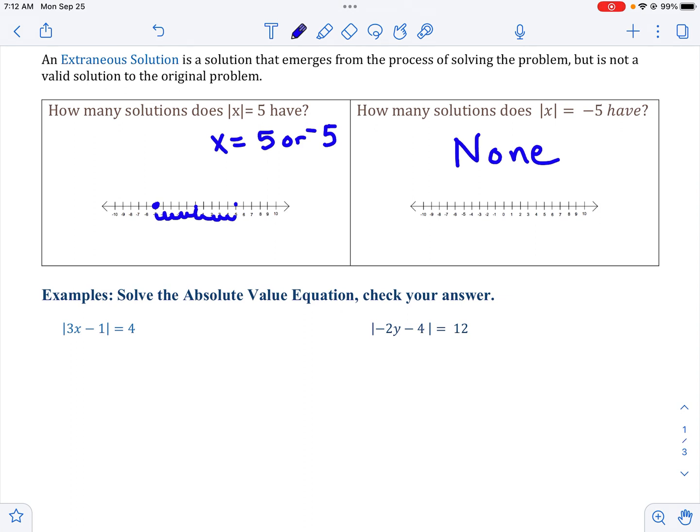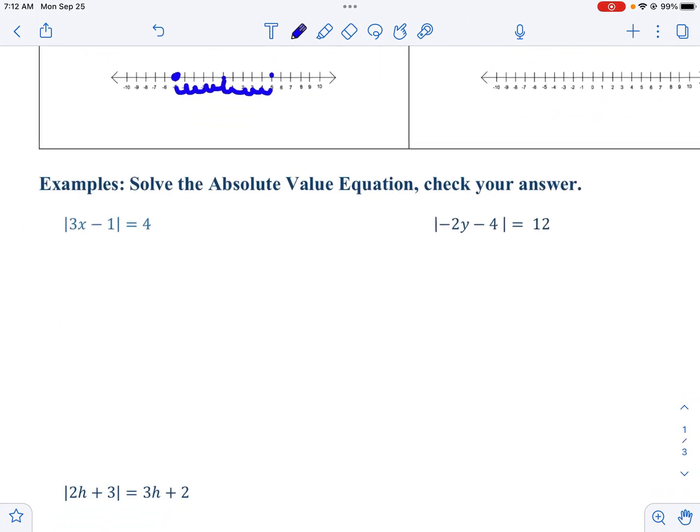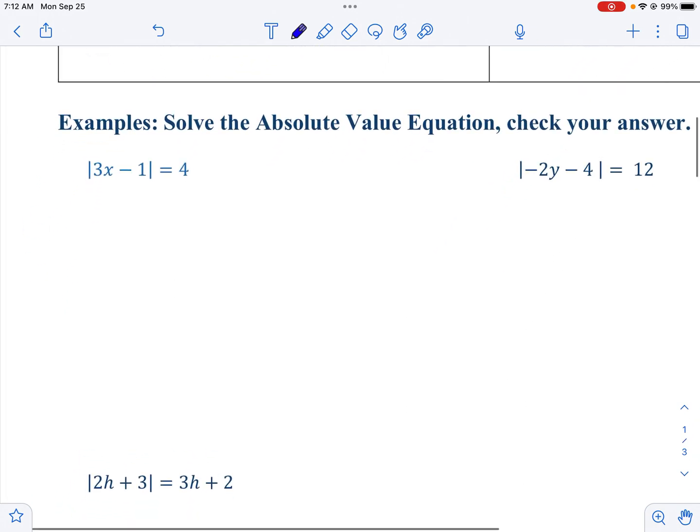Clearly, we would not want an absolute value to equal a negative number, but before we can check that, we have to have the absolute value symbol isolated, just like we did when we were doing square roots. So when you solve a problem like this, you're actually going to solve it twice.